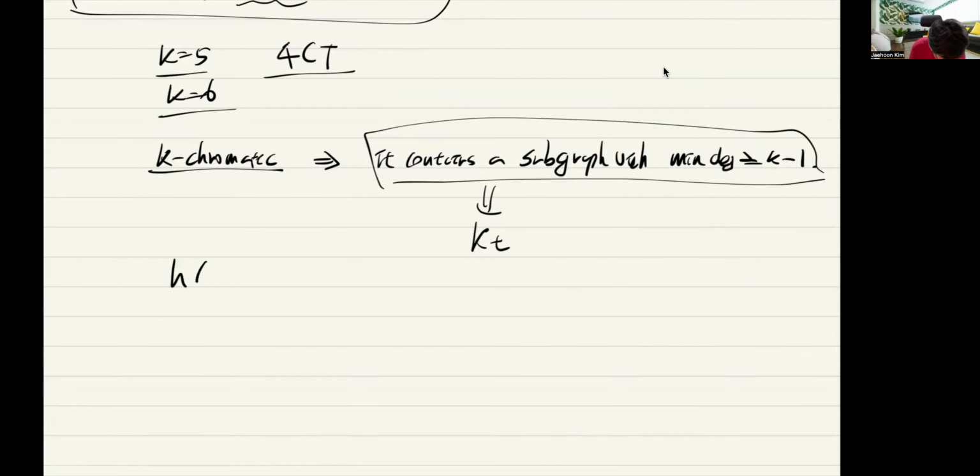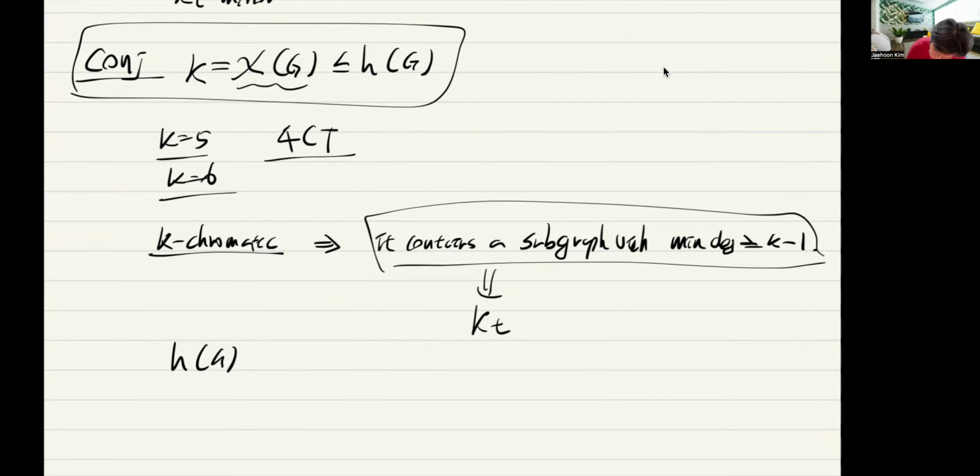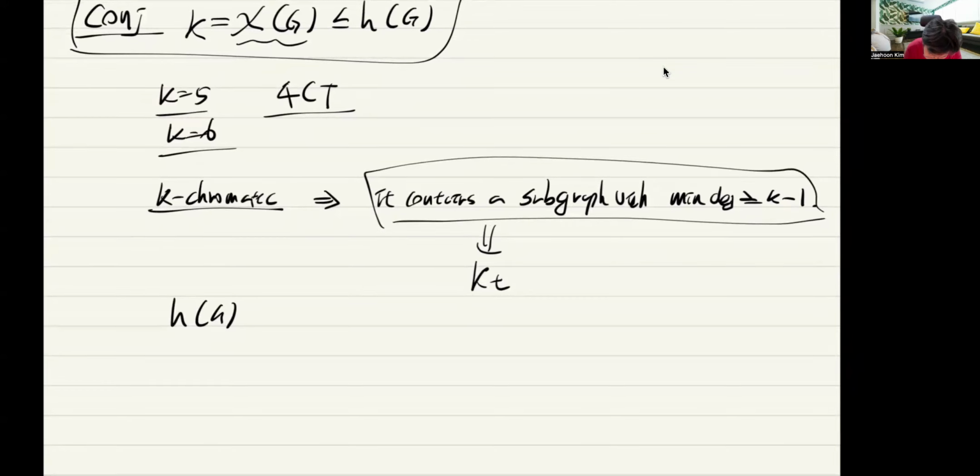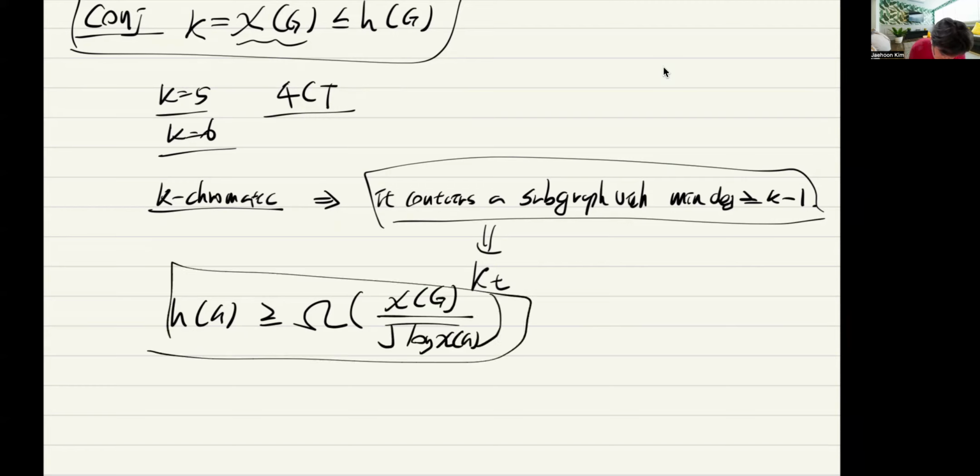So Kostochka and Thomason's results show this inequality instead of this inequality.